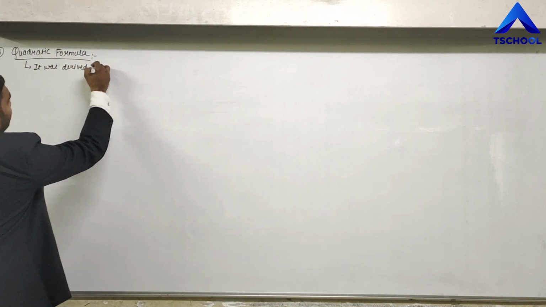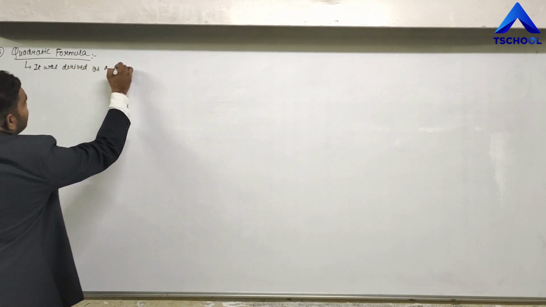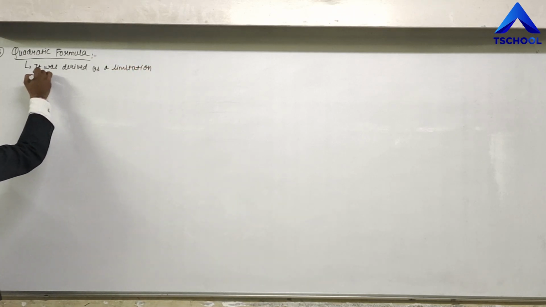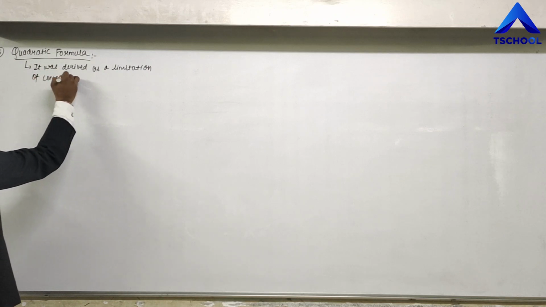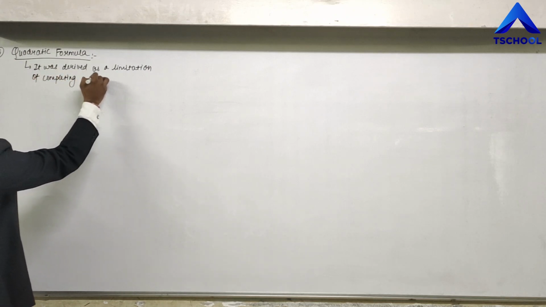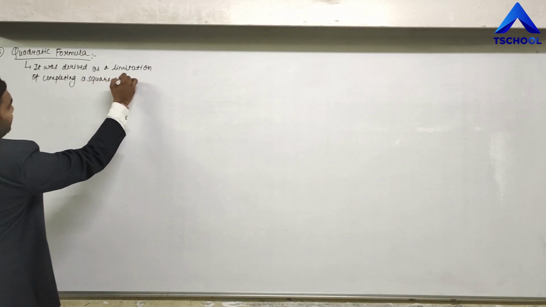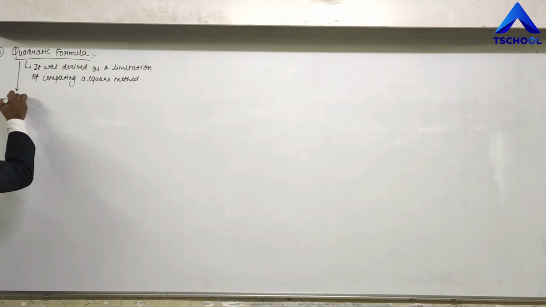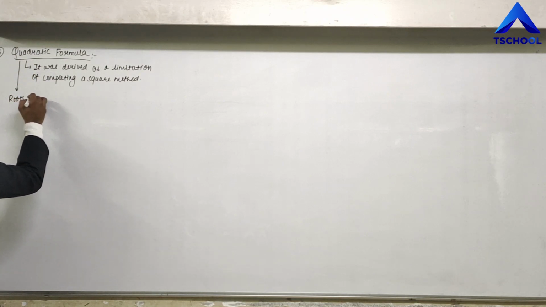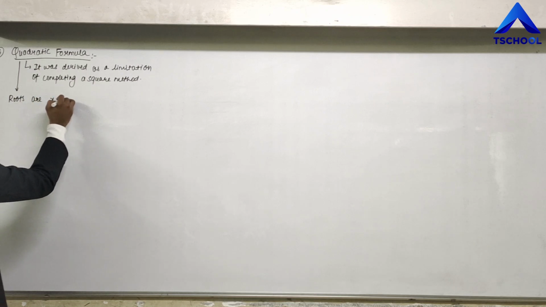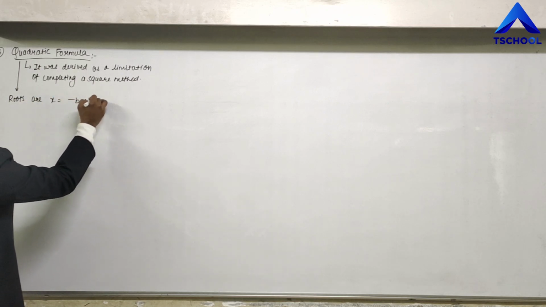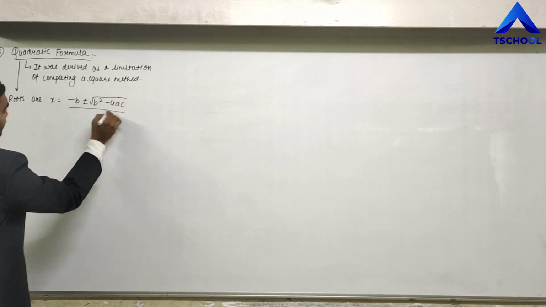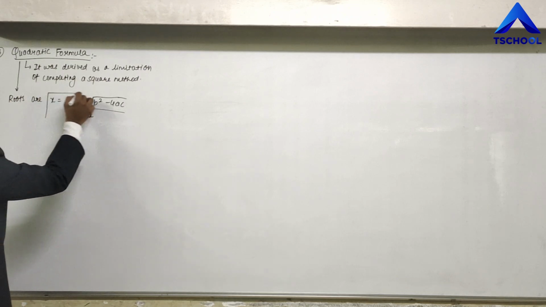And the roots are x is equal to minus b plus or minus root b square minus 4ac upon 2a, right?